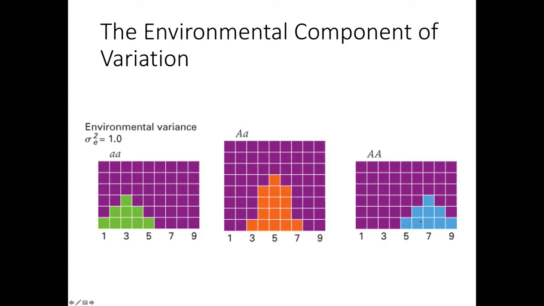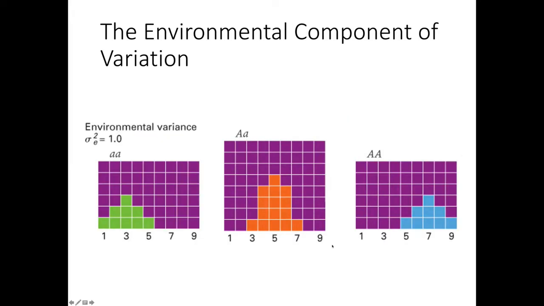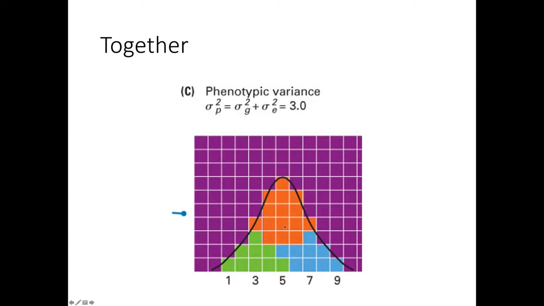Likewise for big A big A. And so these two things: the genetic component of variation, where all the differences between these individuals are due to genetics, and the environmental component, where all the differences in these individuals are environmental because they're genetically identical, get layered on top of each other.